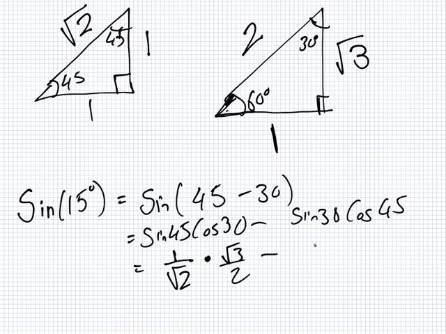Cos 45. So the final answer is root 3 minus 1 over 2 root 2. This is sine 15. Hit sine 15 on the calculator and see what you get.